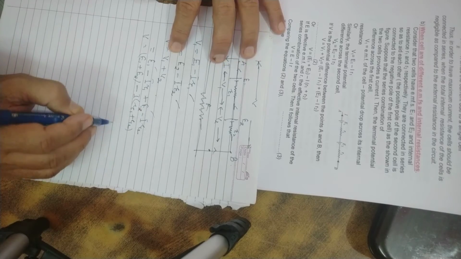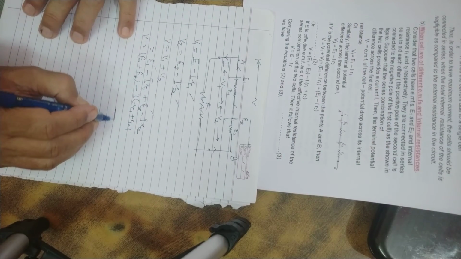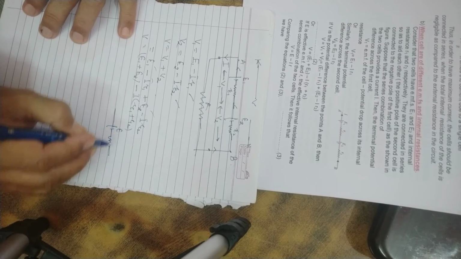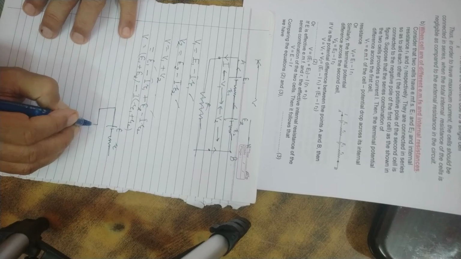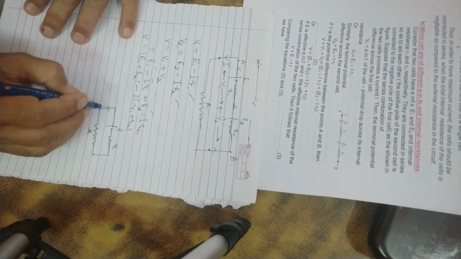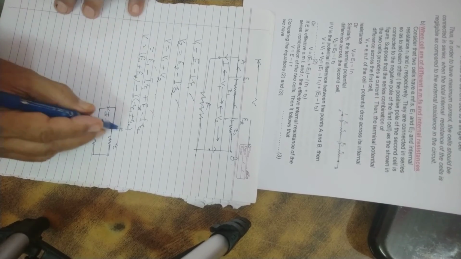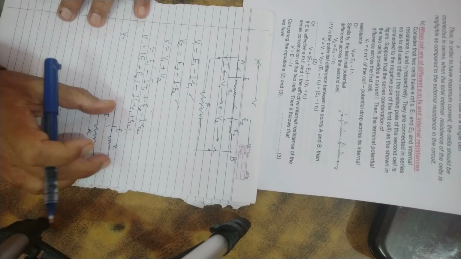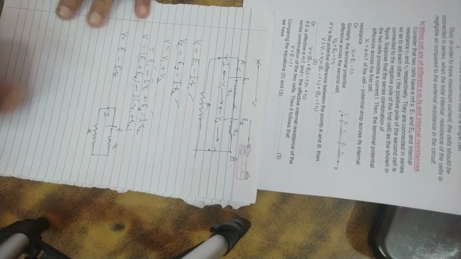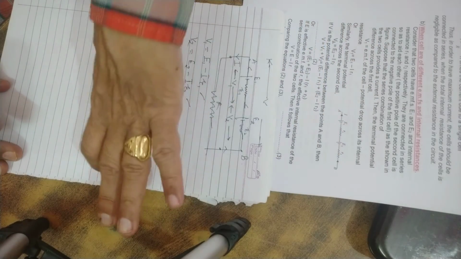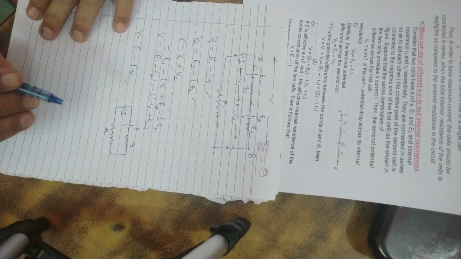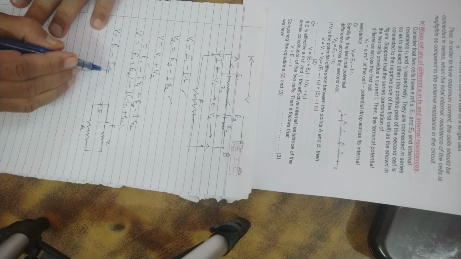Now suppose the combination of these two cells is represented by a single cell whose EMF is E and internal resistance is r, and this is connected to the same resistance R, so that the same current I flows. So what will be the relation of total potential difference V? तो V is equal to E minus Ir. यानी कि अगर हम इसका इक्विवेलेंट सेल से रिप्लेस कर दें so that the same current flows through the same resistance, then V is equal to E minus Ir.